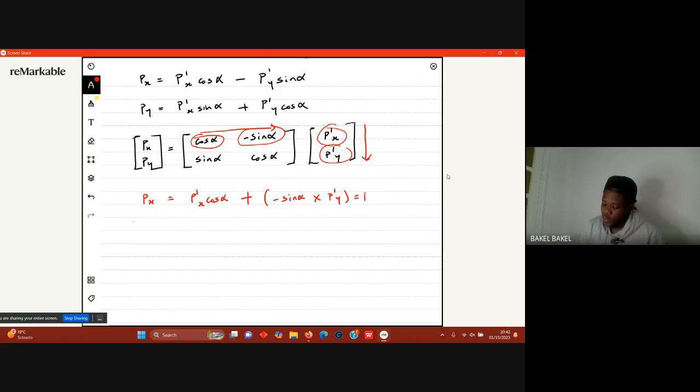That gives you this whole thing: Px cos alpha minus Py sine alpha. And now for Py, which is the bottom, it is this multiplied by this, which is P prime x sine alpha, plus this and this, P prime y cos alpha.